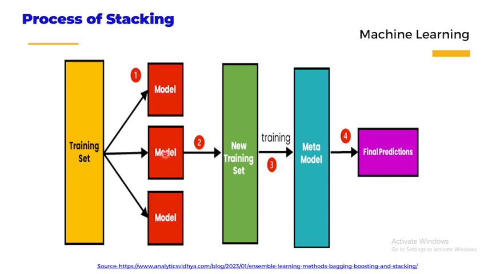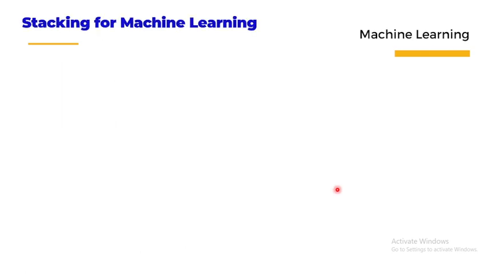Using the output of each of these algorithms we create a new training data set, and using that new training data set we create a meta model. Using the result of this meta model we make the final predictions, and the results are combined using weighted averaging. So here also we are using the weighted averaging method.